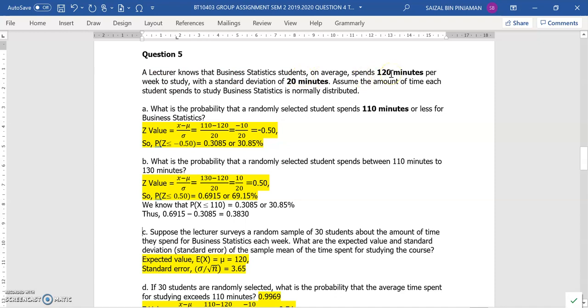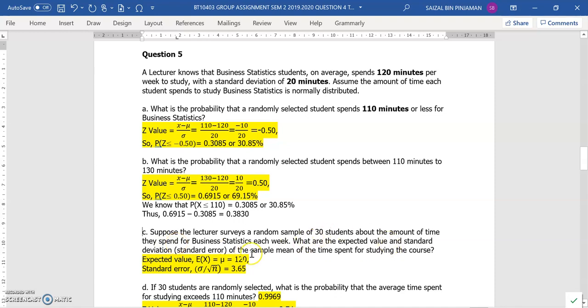The average time spent by a student to study business statistics is 120 minutes per week. Thus, we can directly tell that the expected value is also equal to 120 minutes.